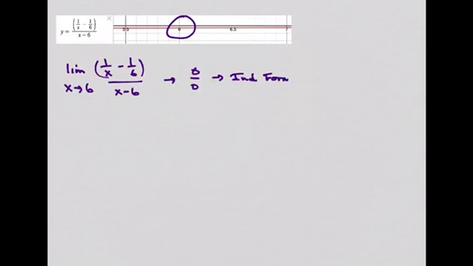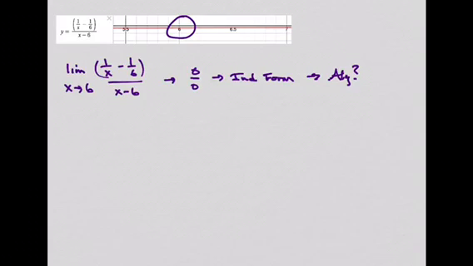And if we have indeterminate form, you should think, is there anything I could do algebraically in order to solve that? Now, again, I said it in the previous one, if you get 0 over 0 in indeterminate form, do not assume that the limit doesn't exist.